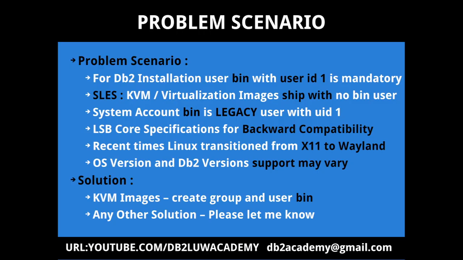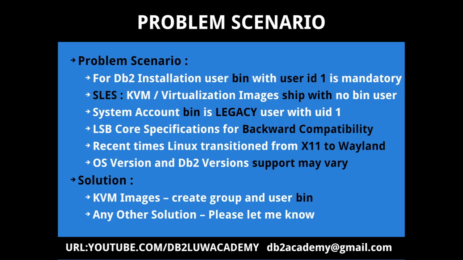If you do an ISO download and install it even in a virtual machine like VirtualBox or VMware, a typical installation of the OS still has the group and the user bin. It's only in the KVM virtualization images that it is missing.